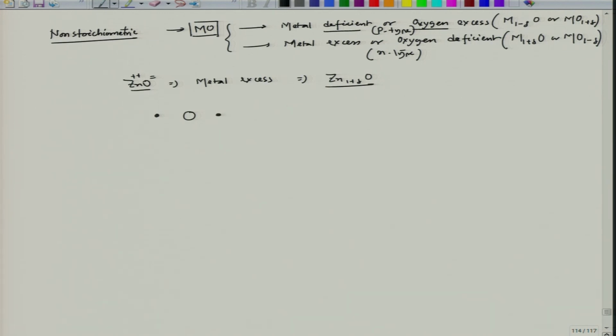So, now I can have this arrangement like this. Fine. So, this is a kind of arrangement where this is oxygen minus and this is zinc plus plus, and this is a stoichiometric situation.